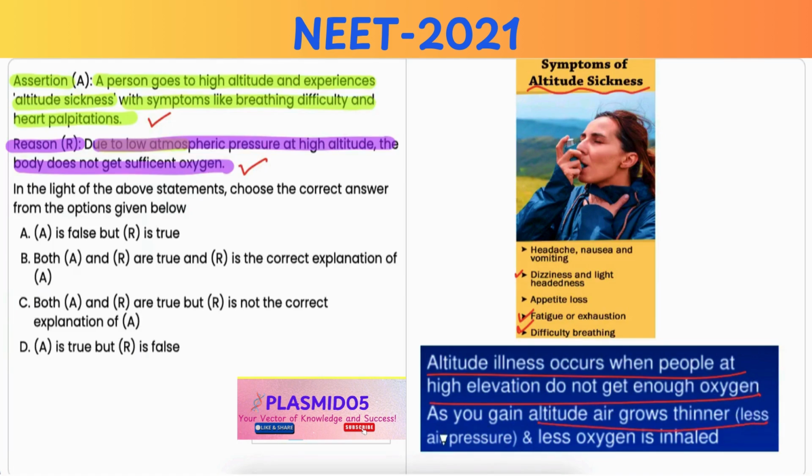So, as a result, the body struggles to get sufficient oxygen, leading to symptoms like shortness of breath and heart palpitations. Thus, both A and R are true, and R is the correct explanation of A. Hence, the correct answer is option B.